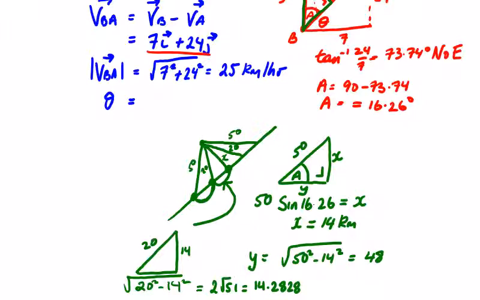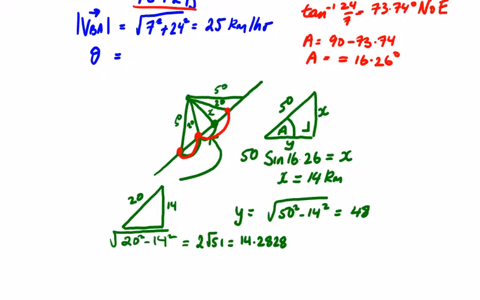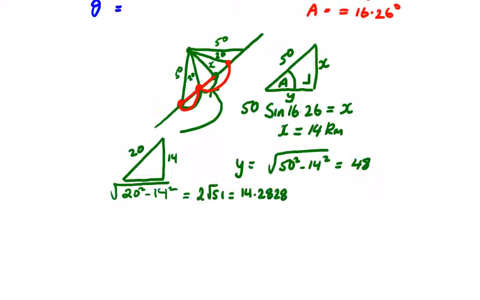So we have to go from here to here before they can exchange signals, and then they can exchange signals while they're between here and here. So that bottom distance along here is 48. So 48 minus the 14.2828 is 33.7172.